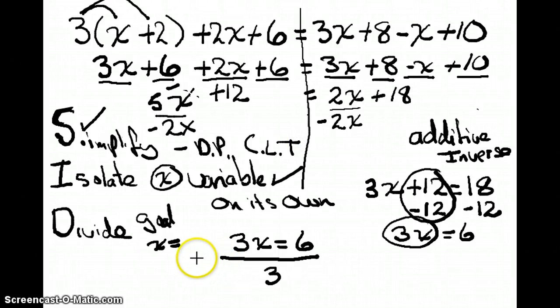Once we've done that, and only when we've done that, will we isolate the variable. We will make sure that we just have a number of x's on their own and the value that it's equal to on the other side. And then finally, to finish off the problem, we're going to divide out the coefficient.